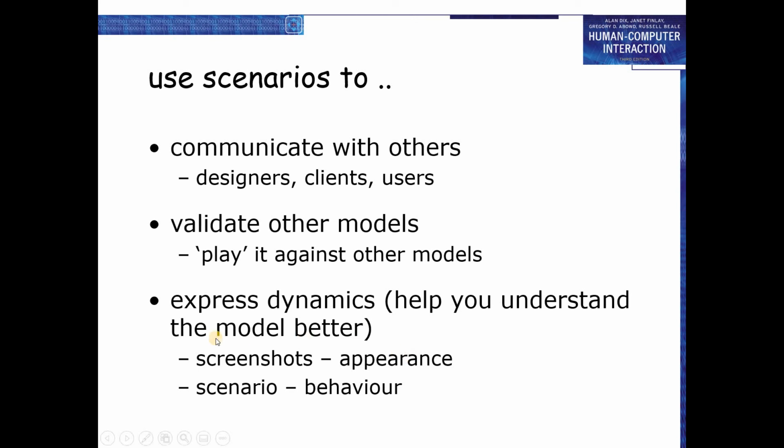Scenarios help us to validate other models. For example, there is one washing machine that comes in the market, its model number is 10. There is another washing machine that comes in the future, model number 13. We can use this scenario with a little bit of changes to validate or test the future model.